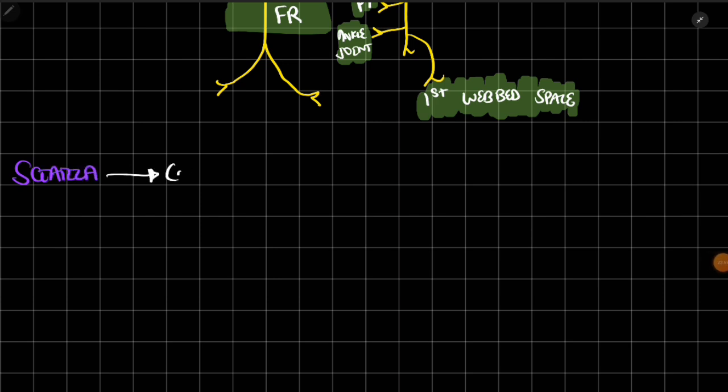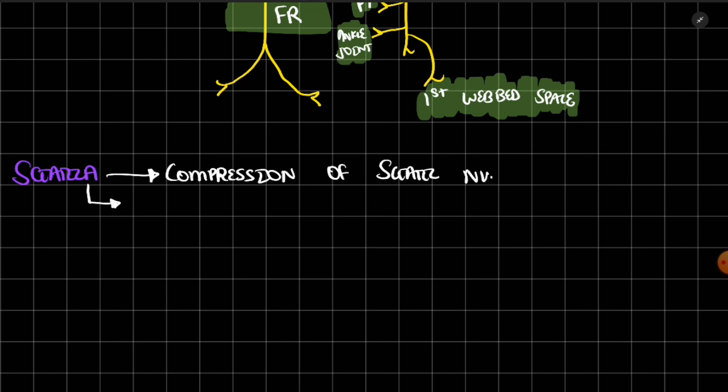Sciatica is basically compression of the sciatic nerve. The cause is basically piriformis syndrome: the piriformis muscle pushes on the sciatic nerve, so the nerve can be disturbed and sciatica can occur.